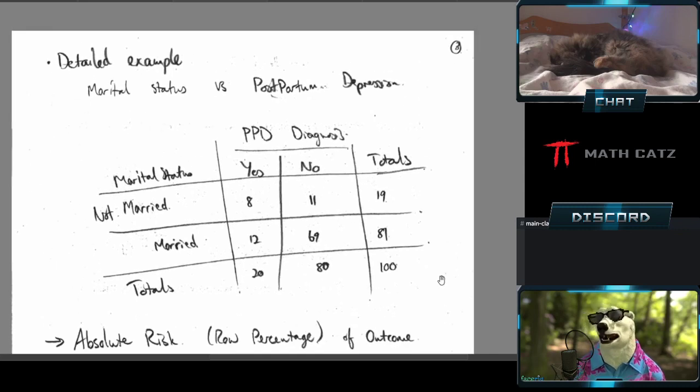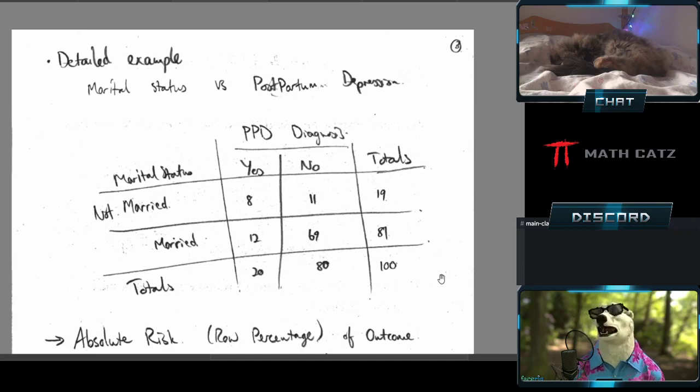First one we want to calculate, and I'll just reveal it so we don't get confused and see too much, is the absolute risk. So now I'm thinking of the marital status as the risk factor, like not being married puts you at risk potentially for a higher chance of postpartum depression. That's what we're trying to investigate. So the absolute risk is our row percentage, just like we calculated before, of the outcome.